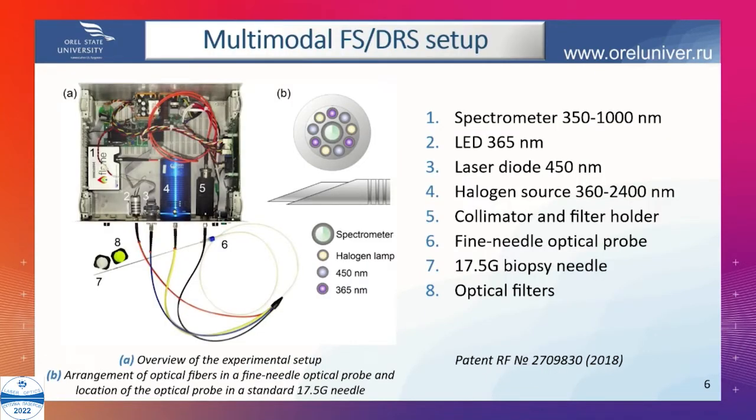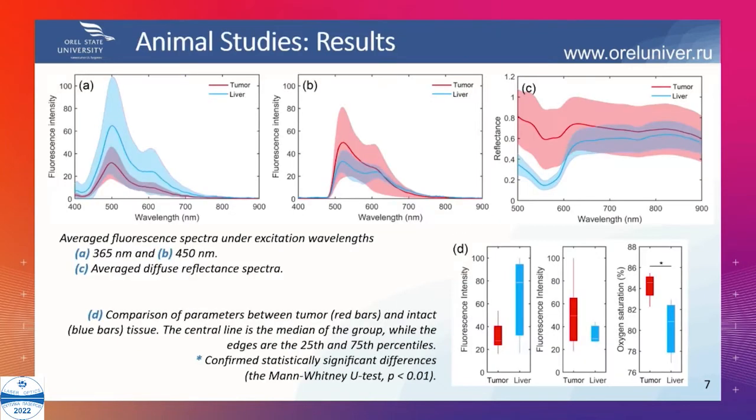First, I will present the results obtained using the multimodal fluorescence spectroscopy and diffuse reflectance spectroscopy setup. The scheme of this setup is presented on this slide. The results of animal studies are shown on this slide. Initial data analysis showed high variability of fluorescence intensities.